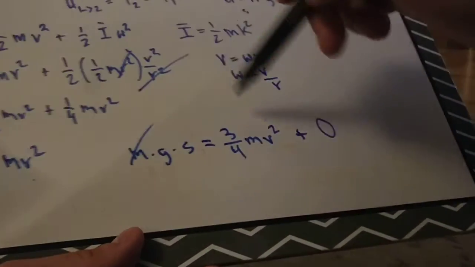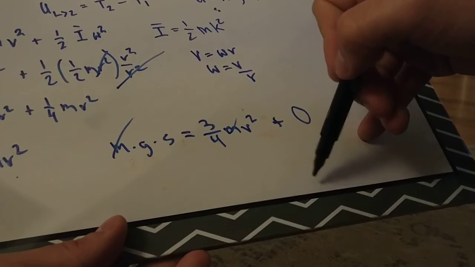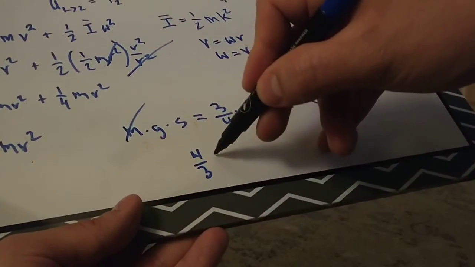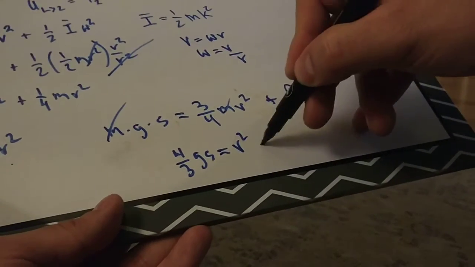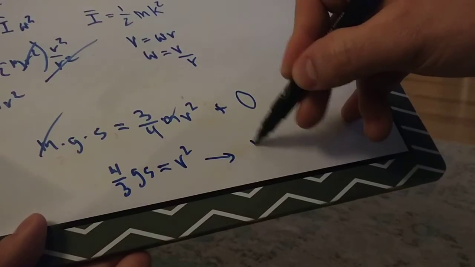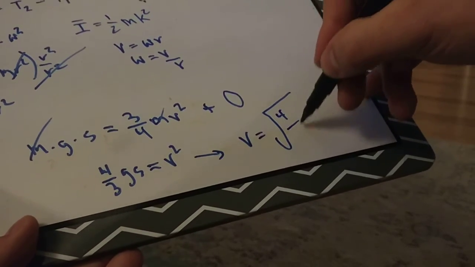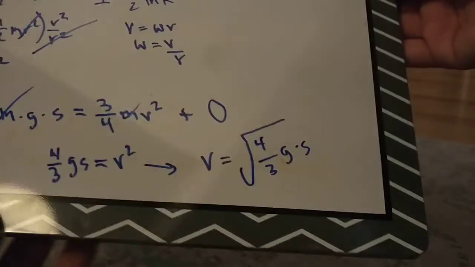And from there we can divide by m, shift everything over, and we have 4 over 3 times gravity times displacement is equal to v squared. So velocity will equal the square root of 4 by 3 times gravity times displacement.